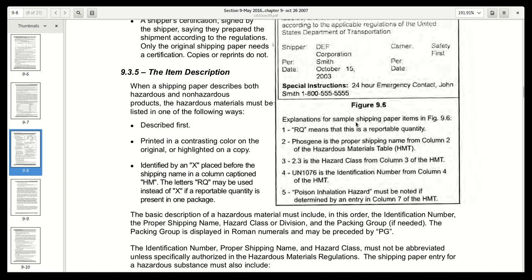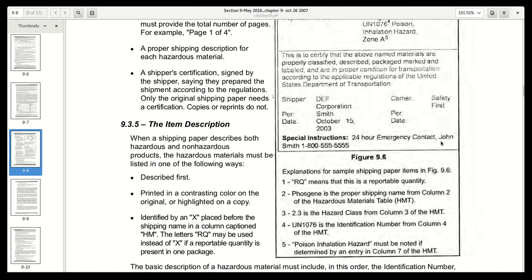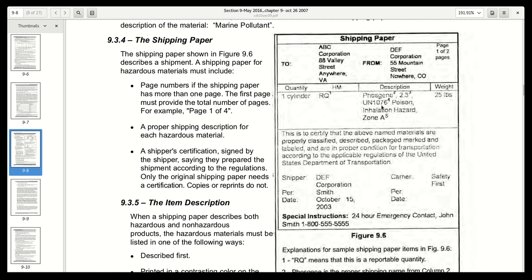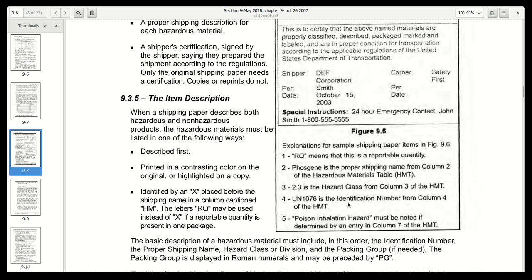Let's see, explanations for sample shipping paper items in figure 9.6. Number 4, you see the UN 1076 is the identification number from column 4.